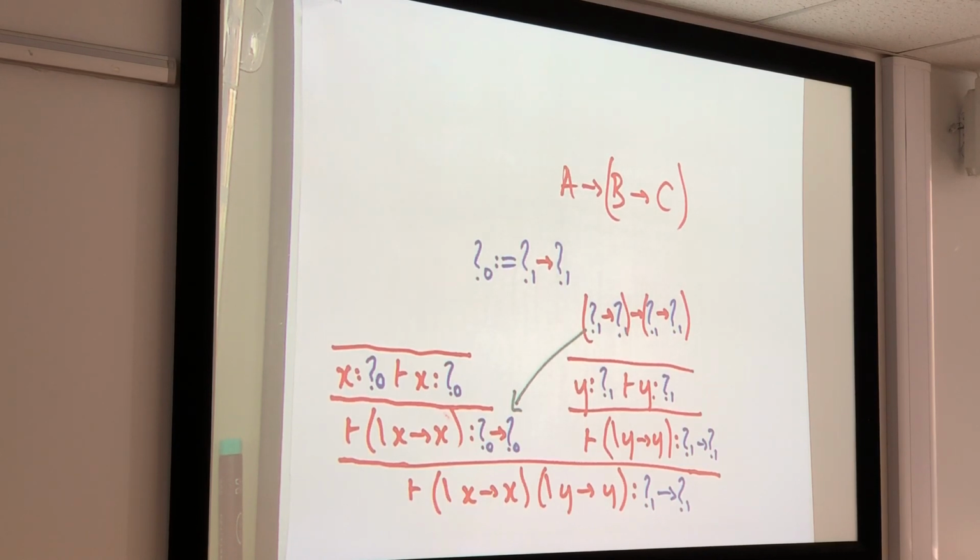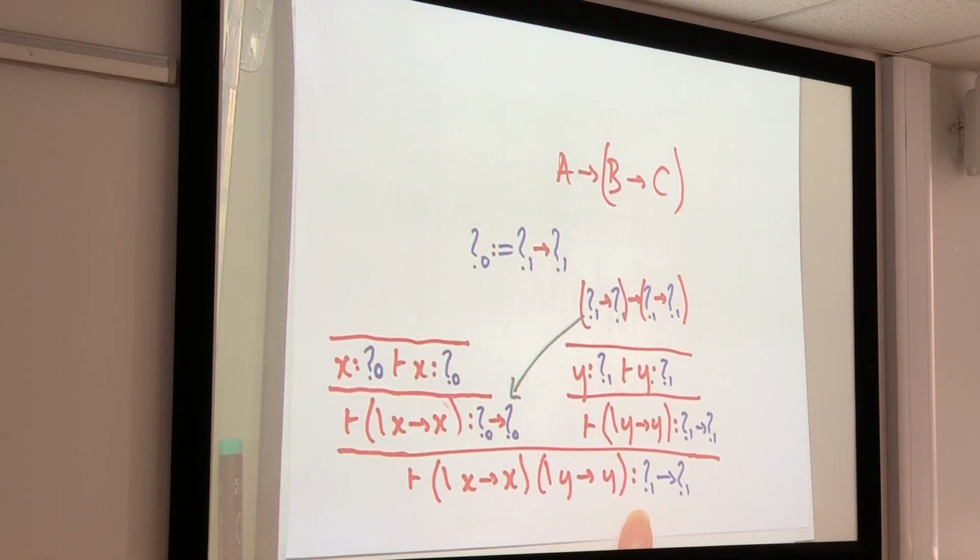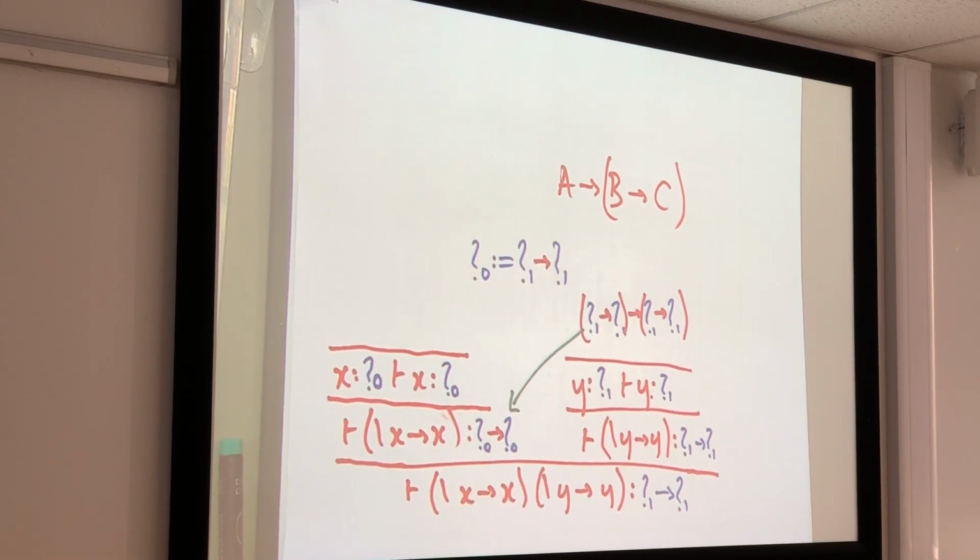But it might not tell us what they all are. So for example, here, we never did figure out what question mark 1 was. But that's okay. If you get to the end of doing this, and there are some variables still unsolved, that just means there weren't any constraints forcing those variables to be particular types, which means you are free to make them whatever type you like.